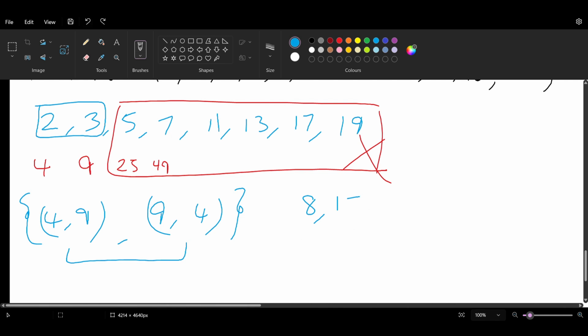But the moment we include a prime, let's say 7 and any number, 7 and 8, this is the list of numbers that we can have that have a prime.